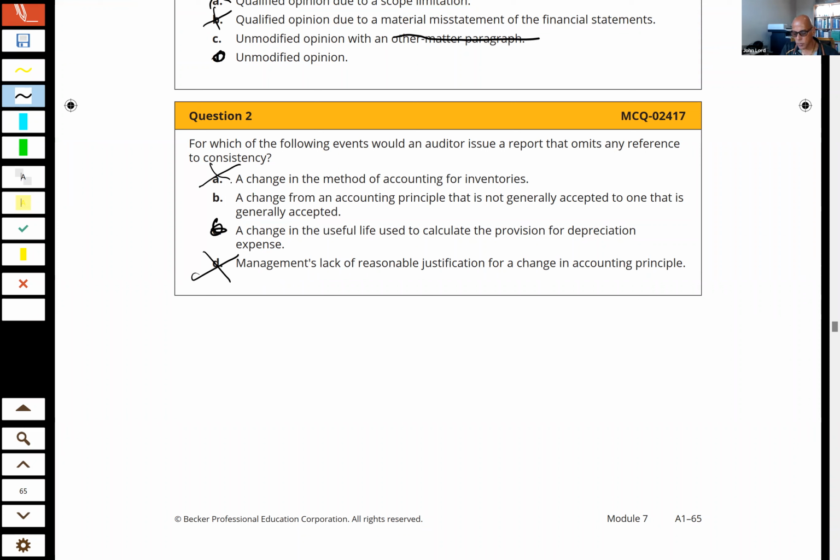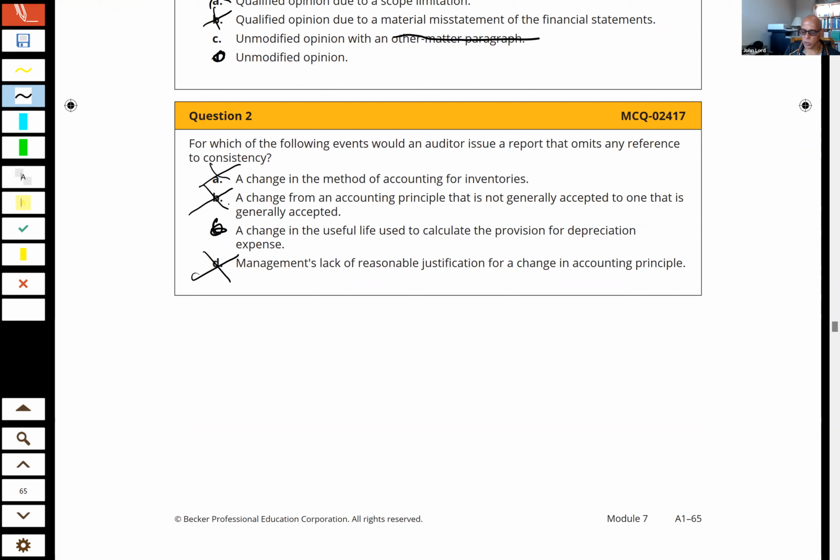B, a change from an accounting principle that is not generally accepted to one that is. So maybe last year they were using the inappropriate accounting standard. They weren't doing it correctly. They changed, and we're saying, hey, this year they're using the correct accounting method. Last year, though, they weren't, and we would have to call that out as an emphasis of matter in the current year's reporting.